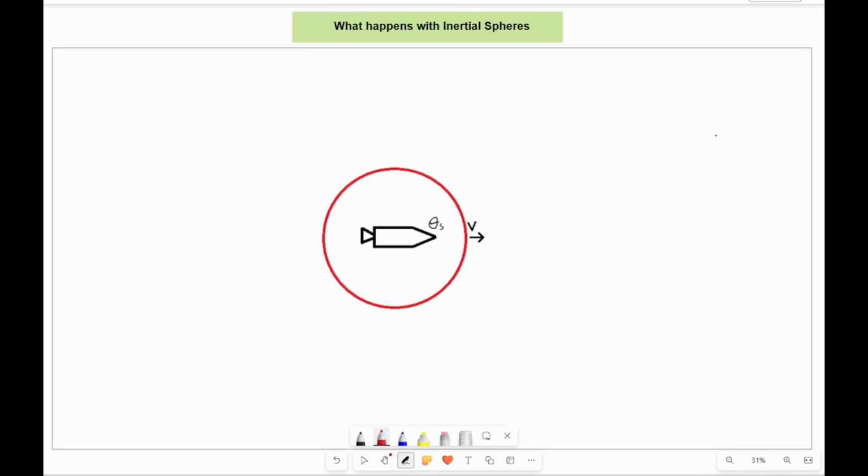Now, again, we have this relative to gamma essentially, equals n. But if we have light moving perfectly radial from the center of this inertial sphere, there's going to be a 90-degree here.